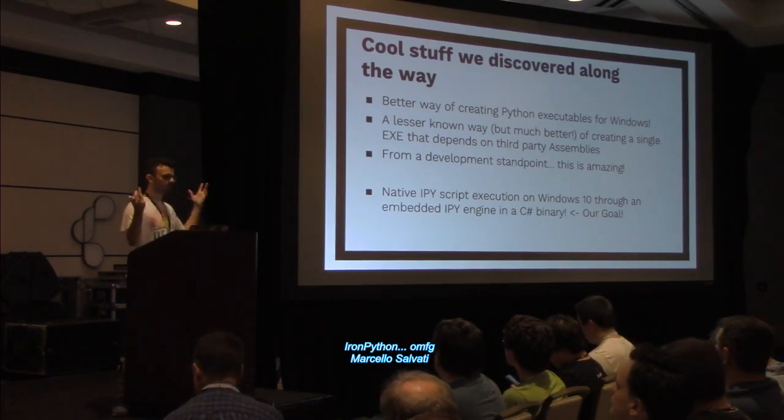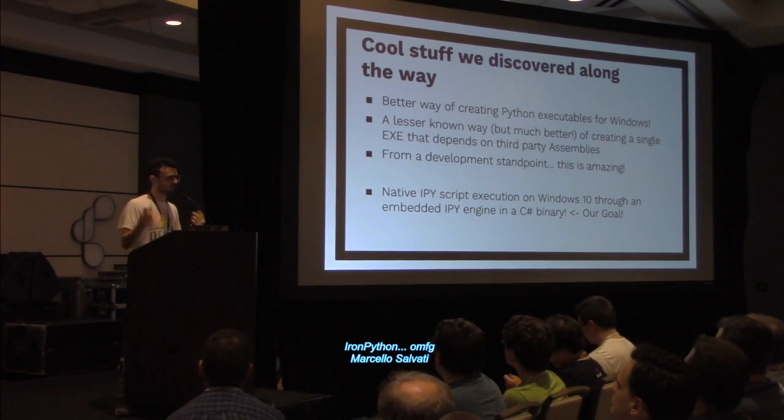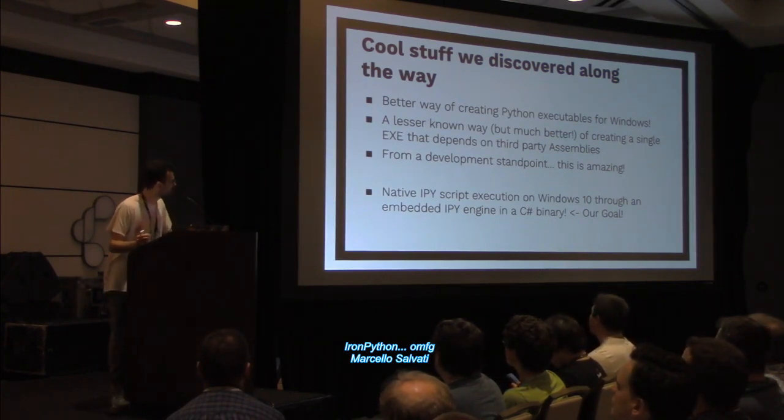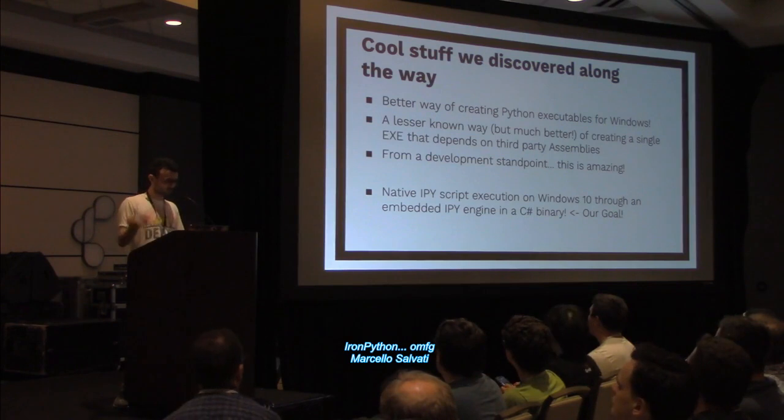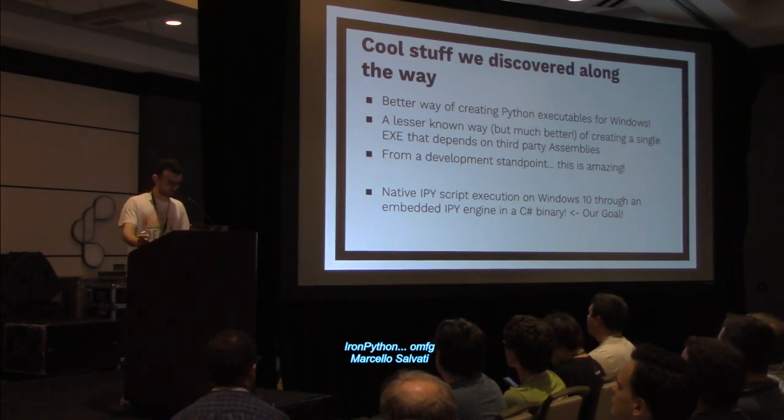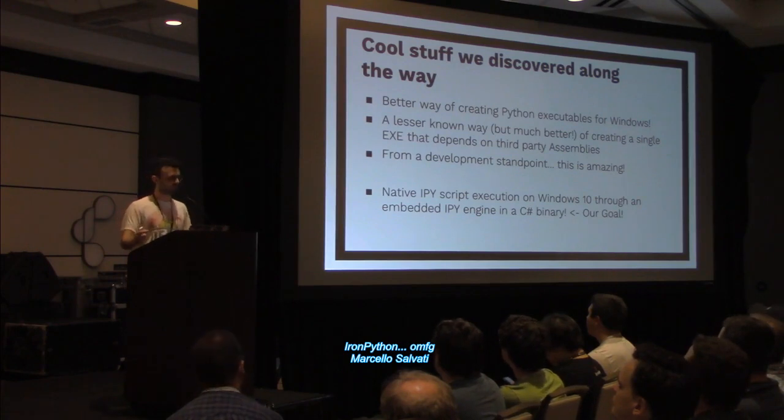If you didn't care about the binary size, you can embed the entire standard library and your source file in the C# binary, run this single executable, and it'll just work on anything with .NET version 4. We also discovered a lesser known and much better way, as the author of IL merge stated, of creating a single exe that depends on third-party assemblies.